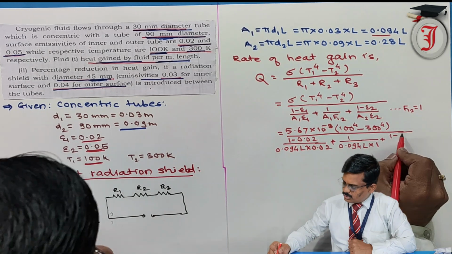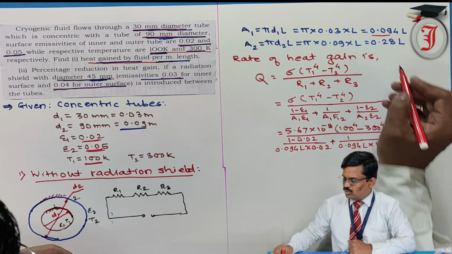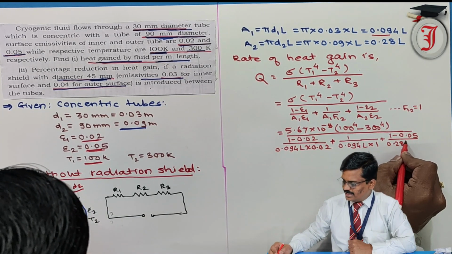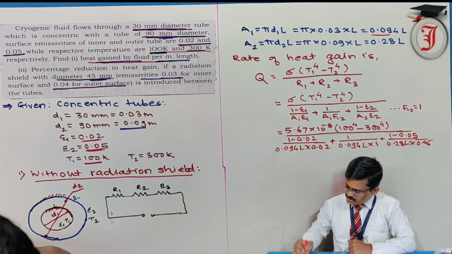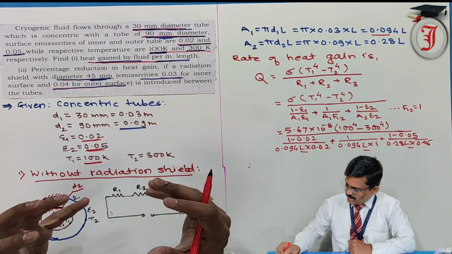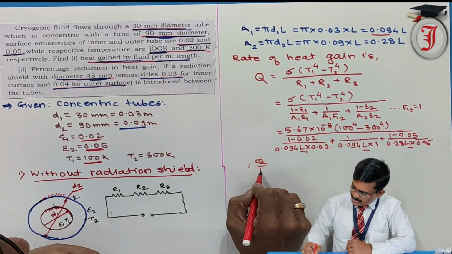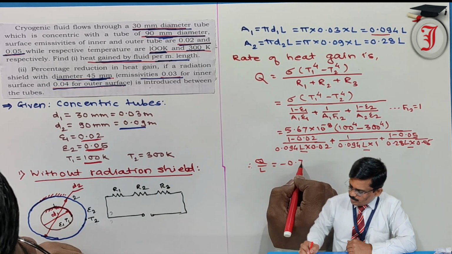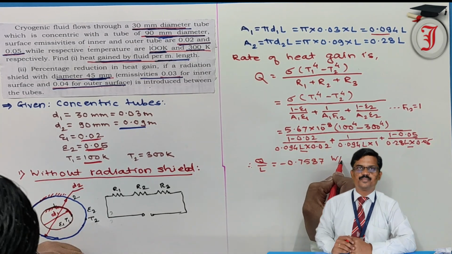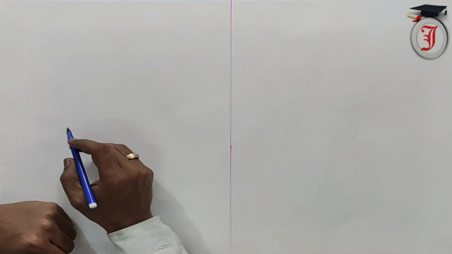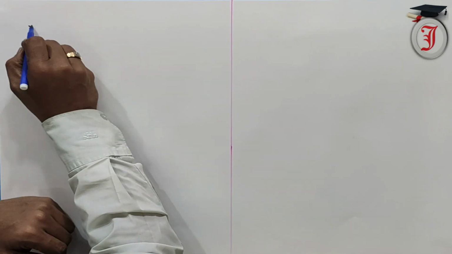Then 1 minus epsilon 2, the value of epsilon 2 is 0.05, upon A2 which is 0.28 L into 0.05. After calculating this, L is constant, so take it outside the bracket, and after rearranging we get Q by L equal to minus 0.7587 watt per meter.